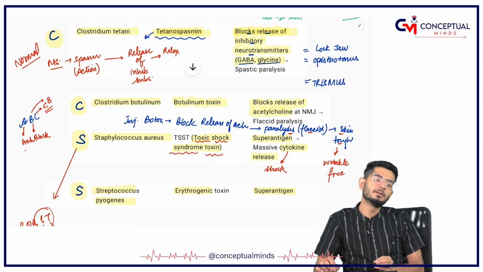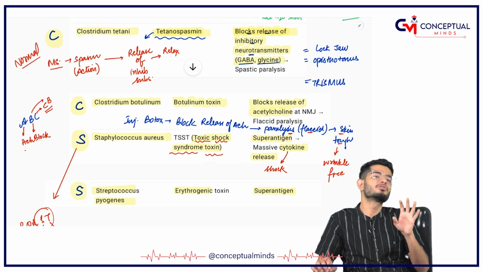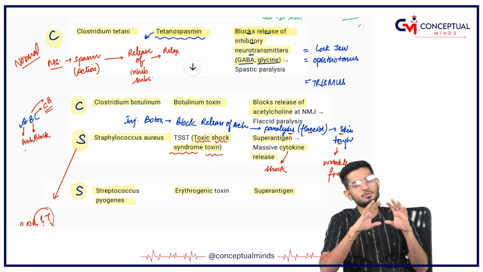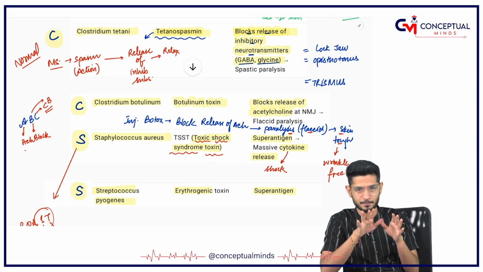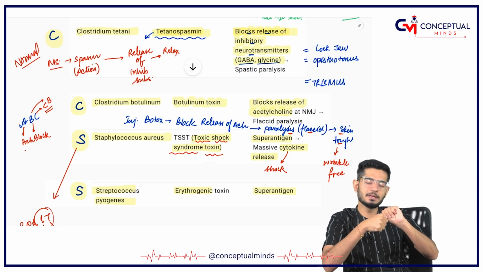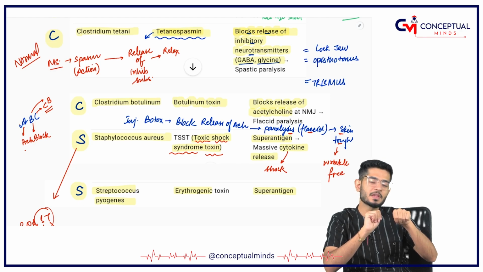For example, GABA is an inhibitory neurotransmitter that is released from nerves and relaxes the muscle. If your muscle is in spasm, there will be release of inhibitory neurotransmitters that are going to release the spasm, just like GABA, just like glycine.